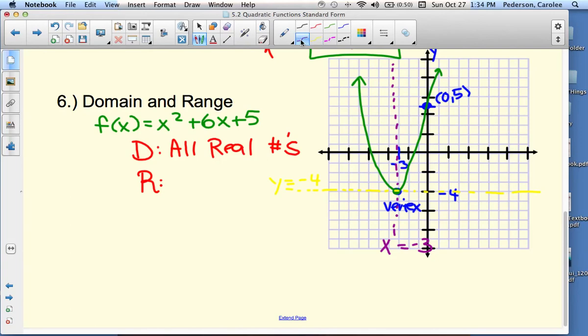So we say then the range is y greater than or equal to negative 4. Anything above that negative 4 point. And that's how we can find the 6 steps. Now if this looks a little bit overwhelming to you, we will do these 6 steps together in a warm-up in class.